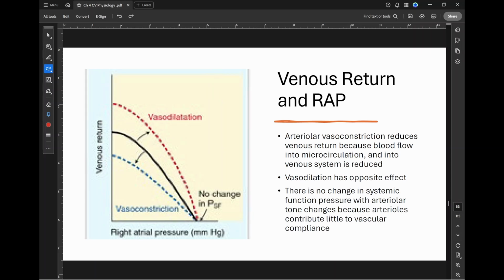Now we're talking about vasodilation and vasoconstriction. If I vasoconstrict, less blood is going to come back because I've reduced the radius of the vessels. So as you alter the diameter of the vessels, it's only going to alter the venous return. It has nothing to do with right atrial pressure.